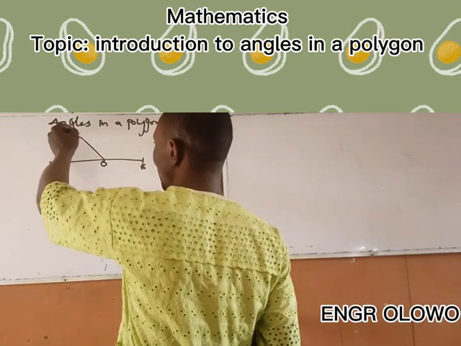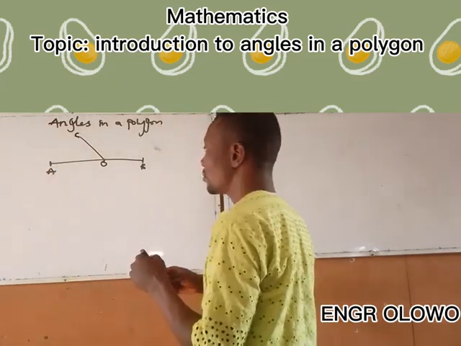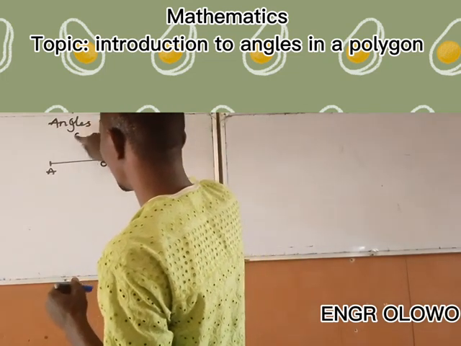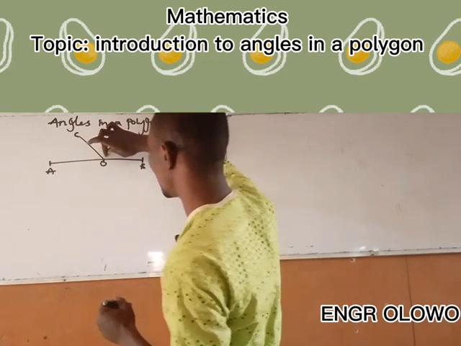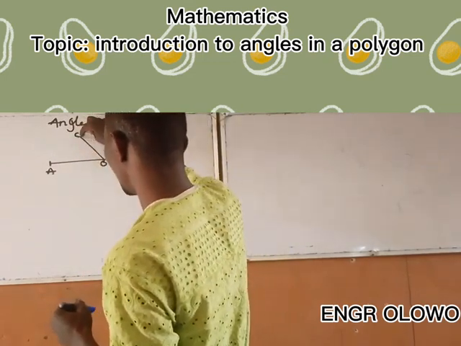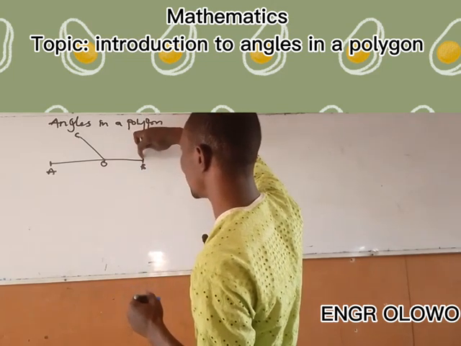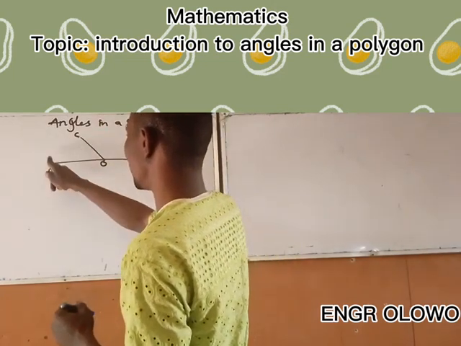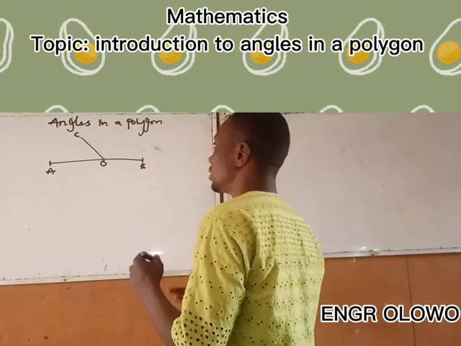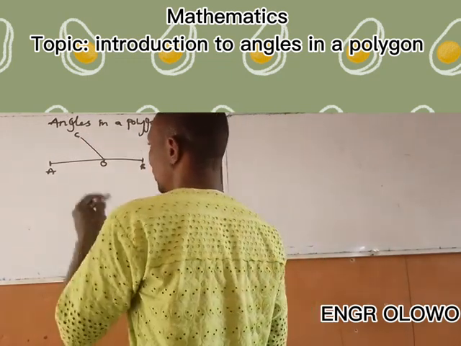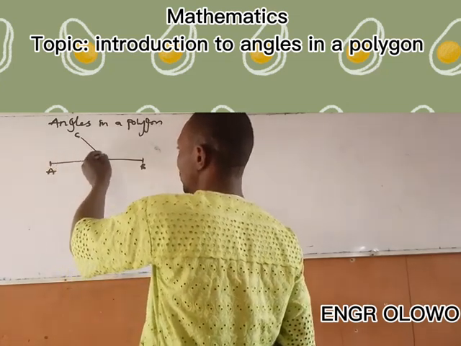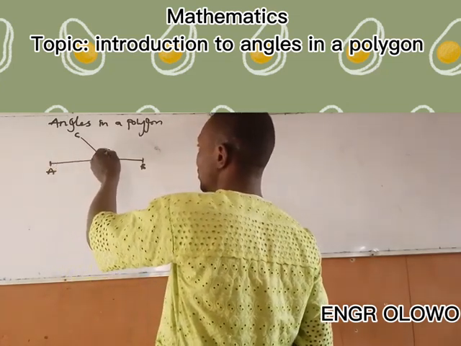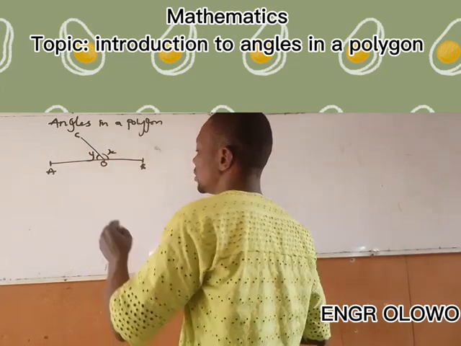At this center, there's a line CO that meets with line AO. If I close the COA, I form a triangle, COB, and if I close COA, I will form another triangle.